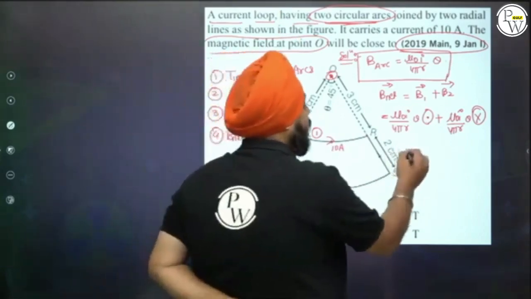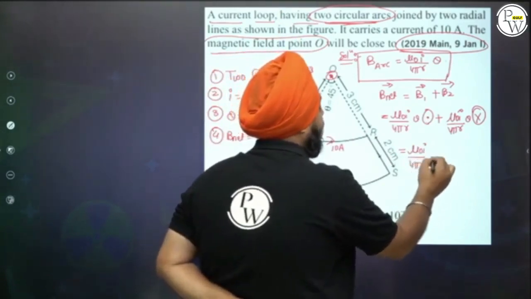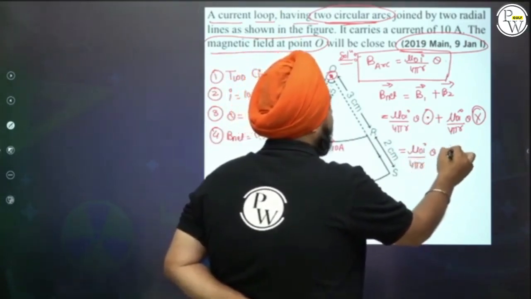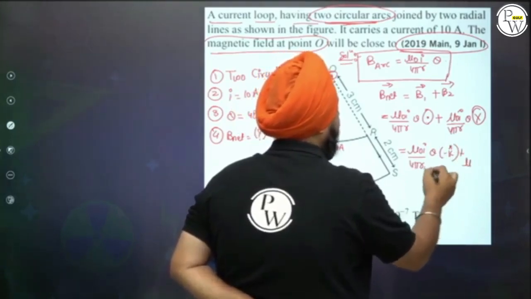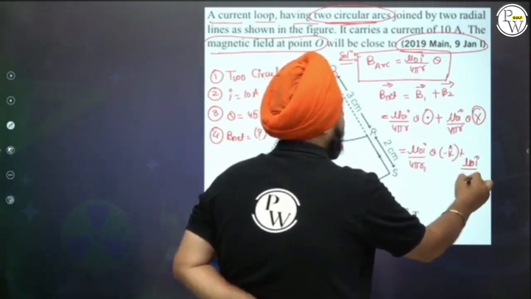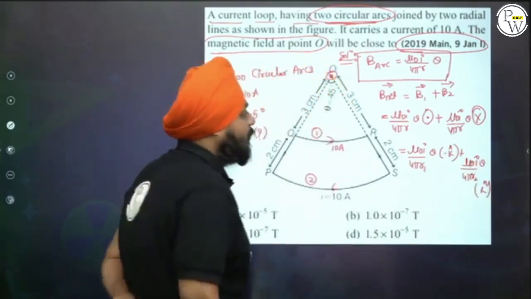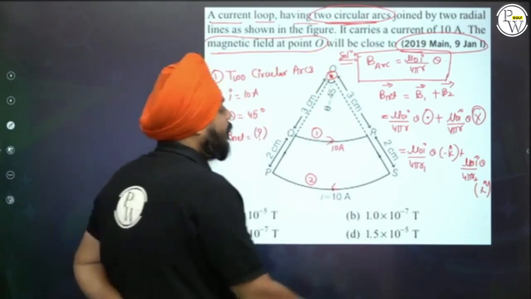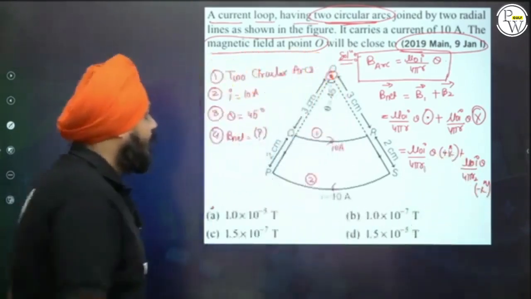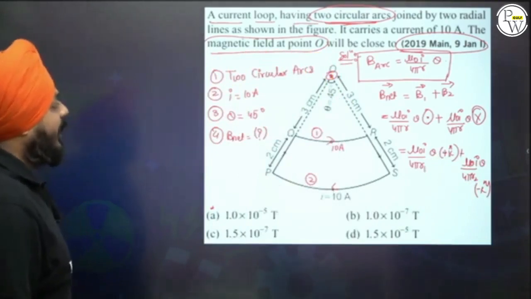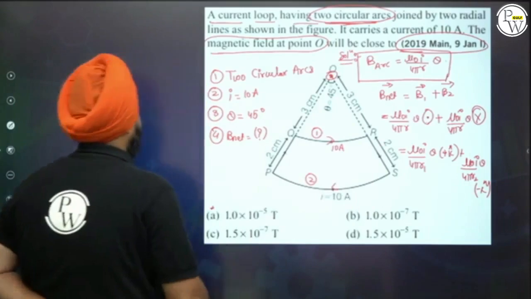So here, this will be mu 0 I whole divided by 4 pi r1 into theta, negative K, plus mu 0 I whole divided by 4 pi r2 theta, and this will be positive K. I'm sorry, the first will be positive K and the second will be negative K, right? The radius of the first is 3 centimeter, the radius of the second is 5 centimeter.